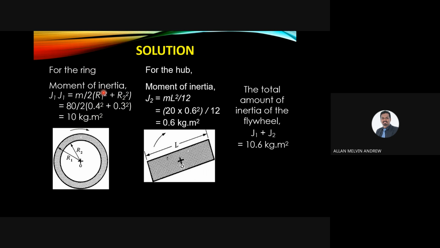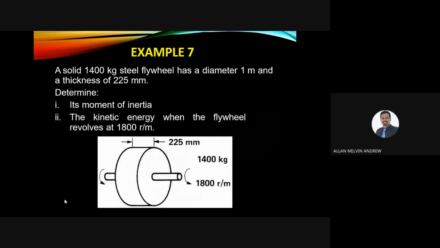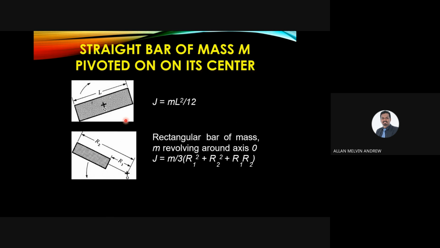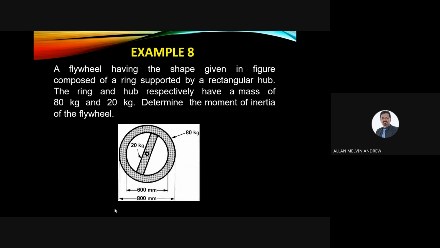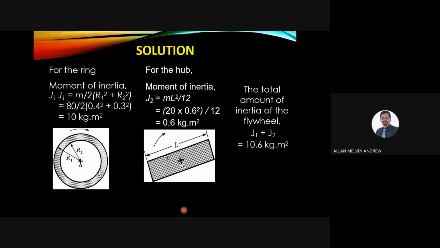So that is for the ring. Second, we go for the hub. This is the diagram. For this we check the table. It is a straight bar, so we take J equals ml square over 12.